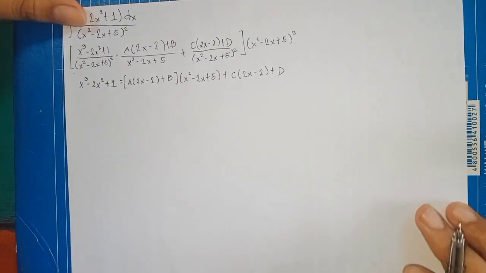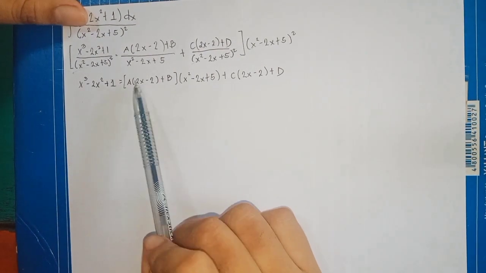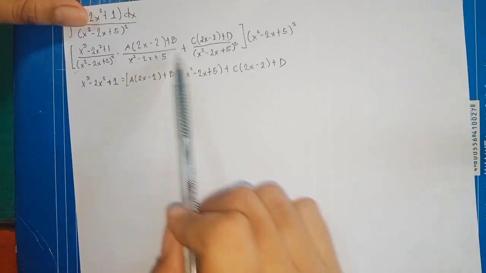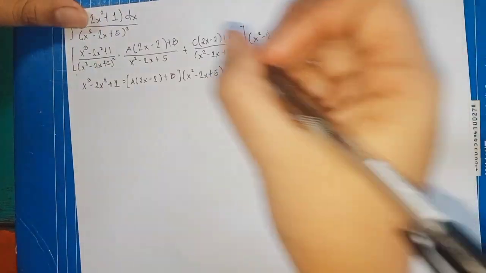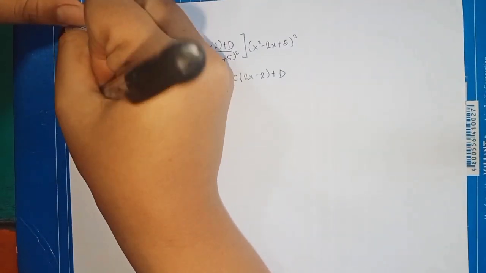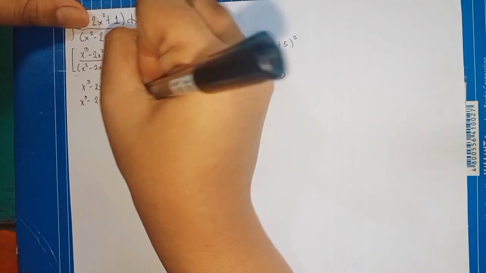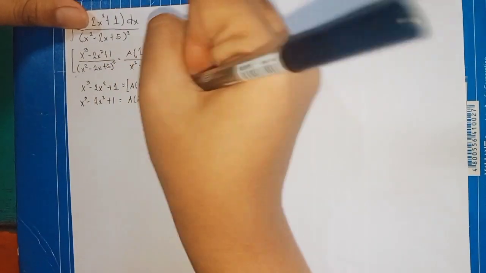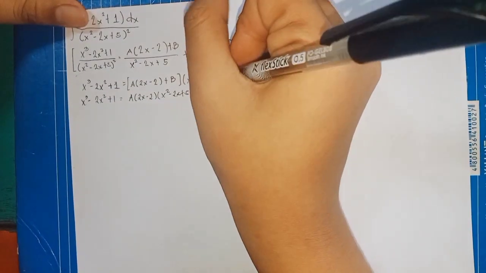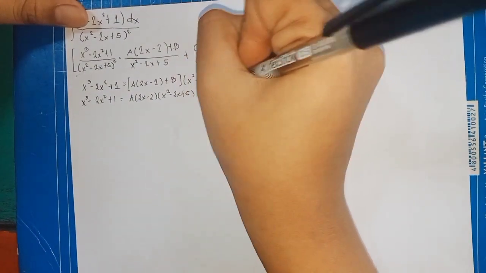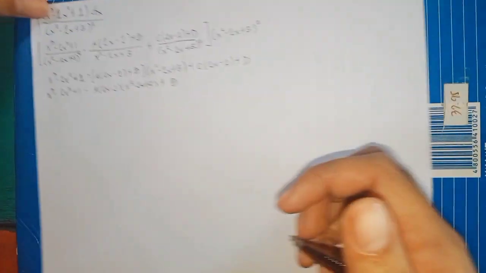before we proceed, let's multiply first the a quantity 2x minus 2 by the quantity x squared minus 2x plus 5. So the thing that will happen will be: is equal to a times the quantity 2x minus 2 times x squared minus 2x plus 5, plus b times the quantity x squared minus 2x plus 5.